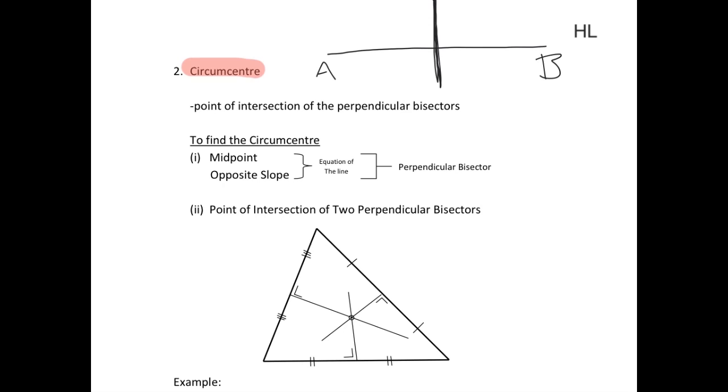So this line here would be our perpendicular bisector. And we call it a perpendicular bisector because it's a line which is perpendicular to the line AB.